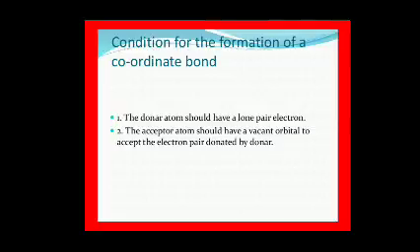One atom has a pair of electrons on the central atom and another atom has a vacant orbital on the central atom. The pair of electrons is transferred from donor to acceptor. It is represented by an arrow mark.